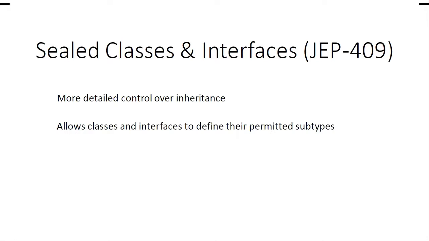And what this mainly allows is to have more detailed control over inheritance, and mainly by allowing classes and interfaces to define their permitted subtypes. Okay, when we talk about permitted subtypes here, it's some sort of permission list which is maintained by the sealed interface or sealed class, and where they clearly define which subclasses or sub-interfaces can implement or extend them.